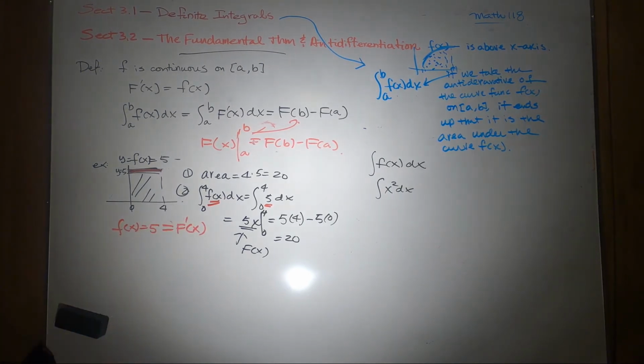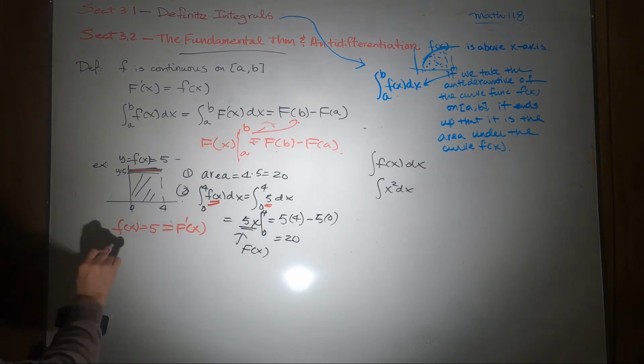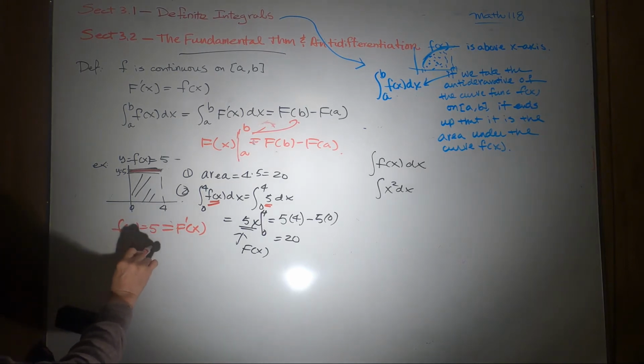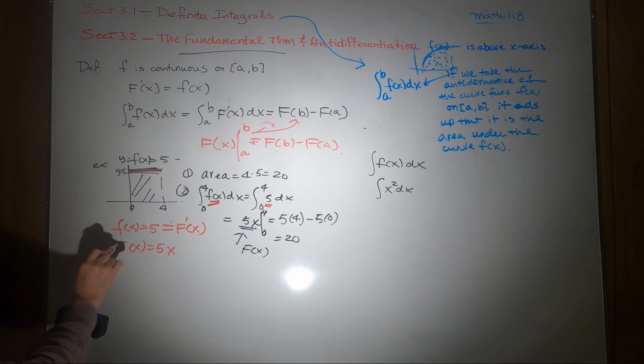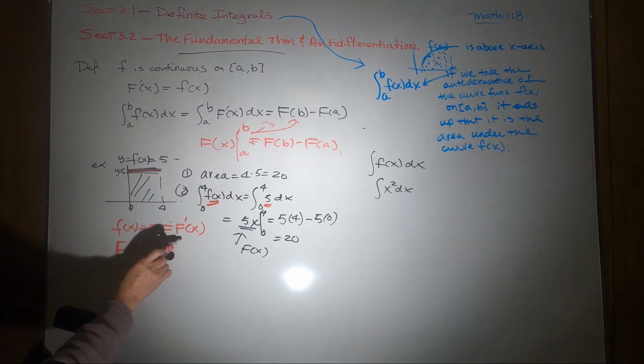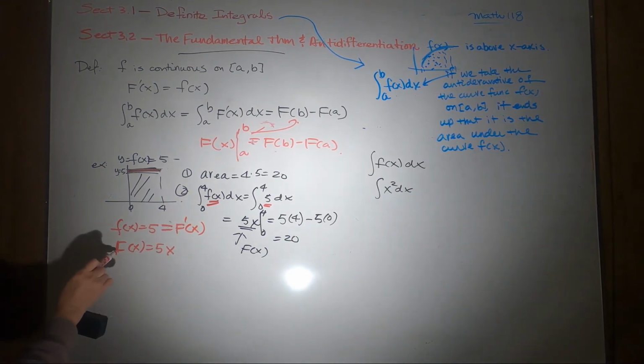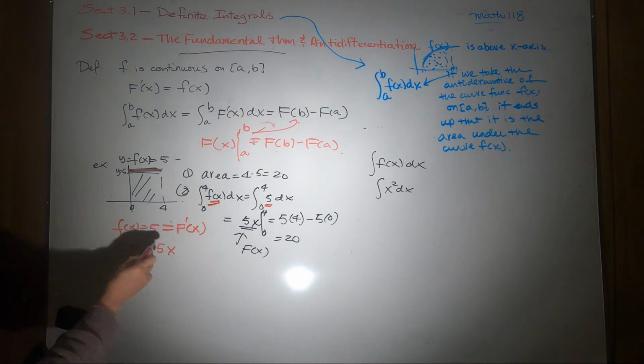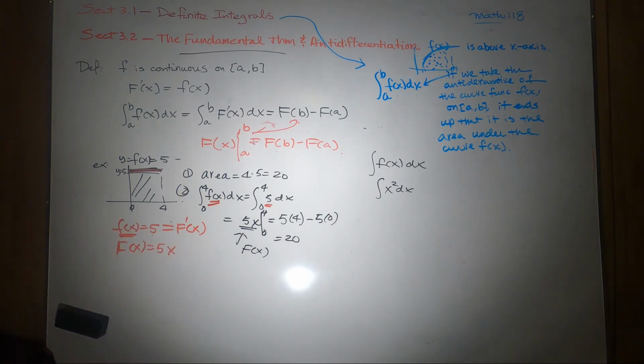I'm going to find the antiderivative, and my antiderivative is 5x. So if my antiderivative big F of x is 5x, and I take the derivative of capital F of x, I end up with 5.